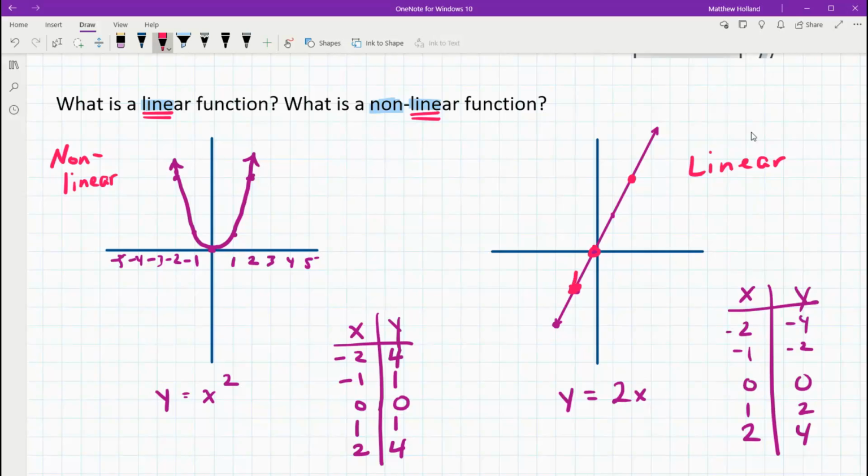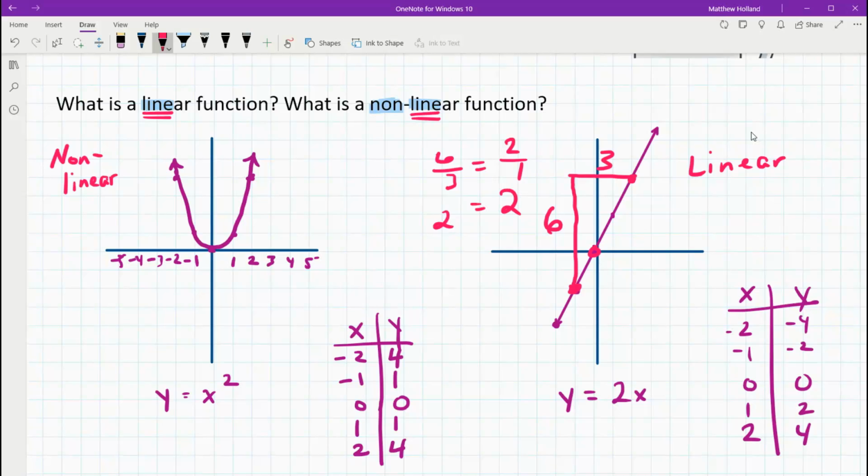We go up 1, 2, 3, 4, 5, 6, up 6, and over 1, 2, 3, 6 over 3. Now the numbers are different, right? In the first case, it was 2 over 1. In this case, it's 6 over 3. But guess what, folks? 6 over 3 is the same as 2 over 1. This one equals 2, and this one equals 2.